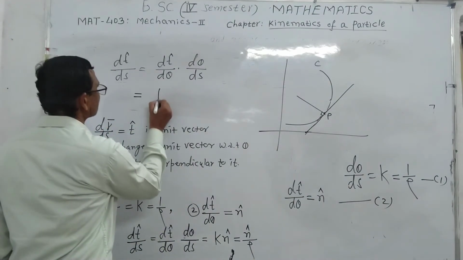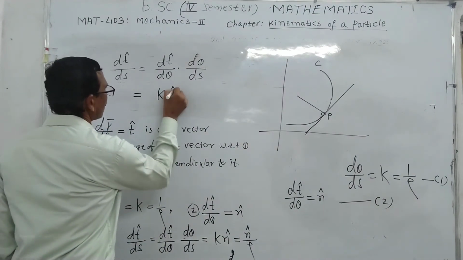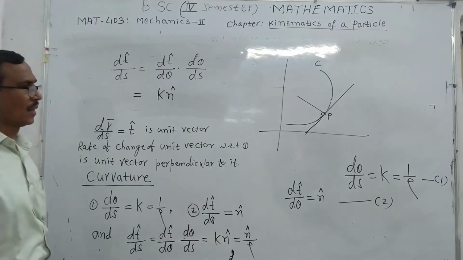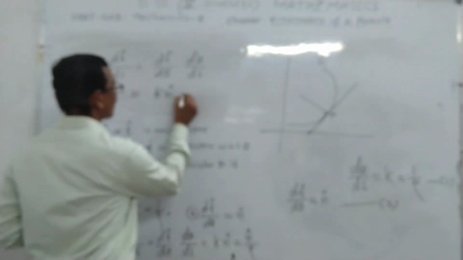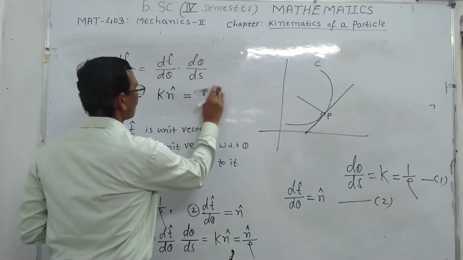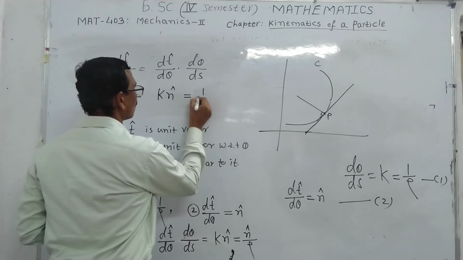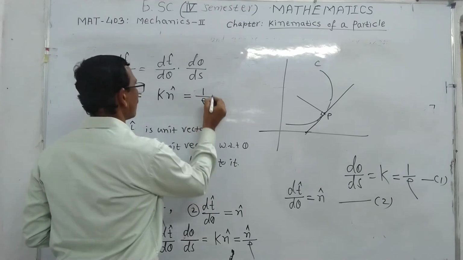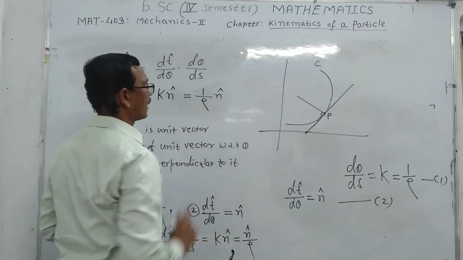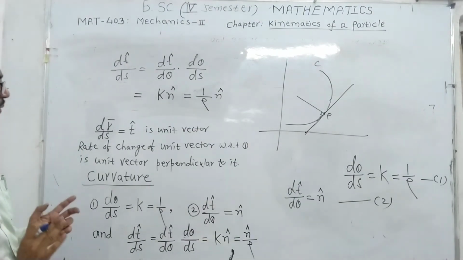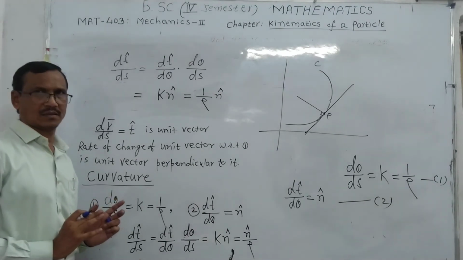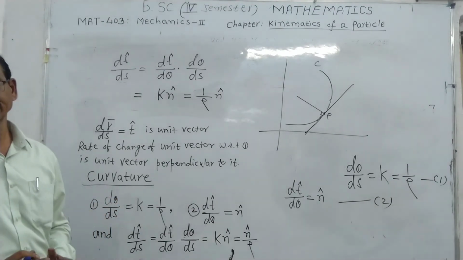It can be written as k into n cap, but k can be written as 1 by rho. That means this equation can also be written as 1 by rho into n cap. Is it clear? Guys, you have to remember these formulas.